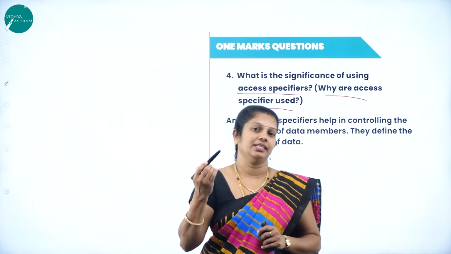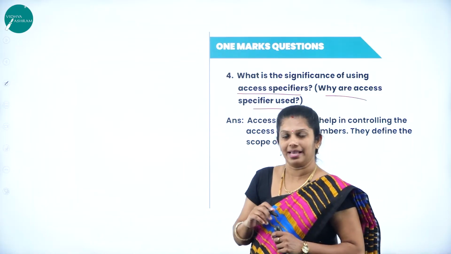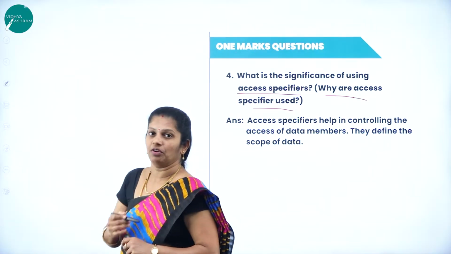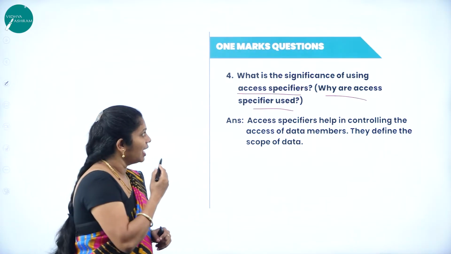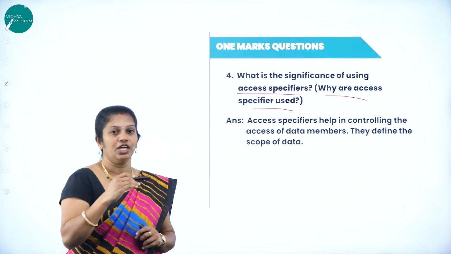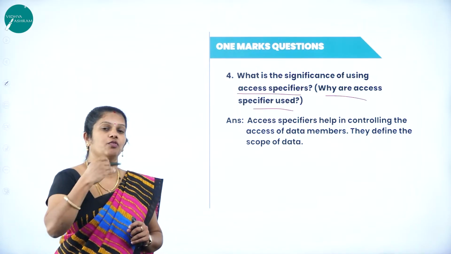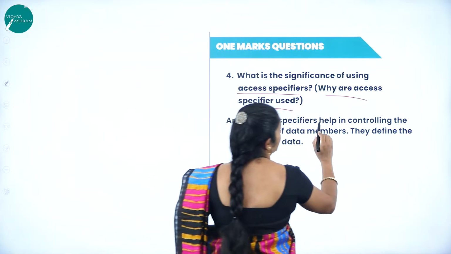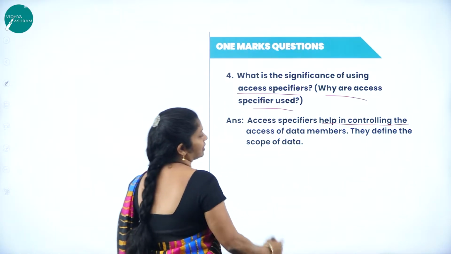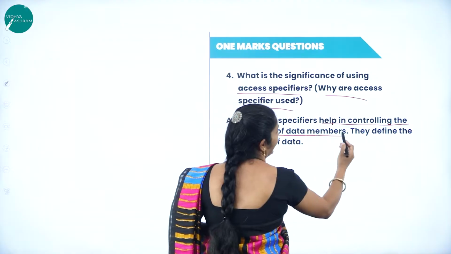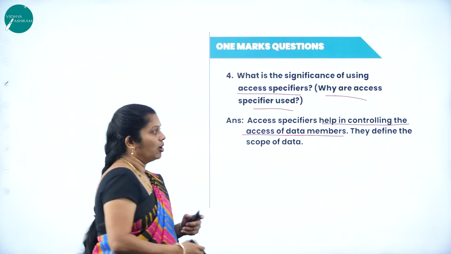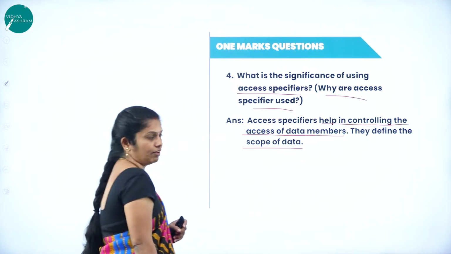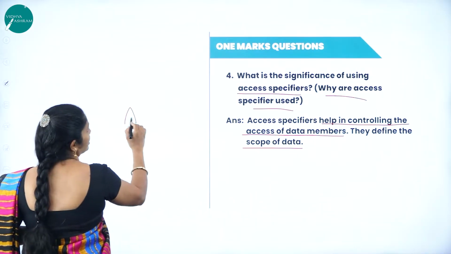If it is protected, then a derived function can also access. If it is private, only a friend function and member function can access. The access specifier controls the movement of the data, or it controls the scope of the data. Access specifier helps in controlling the access of data members, or we can say that it defines the scope of the data.